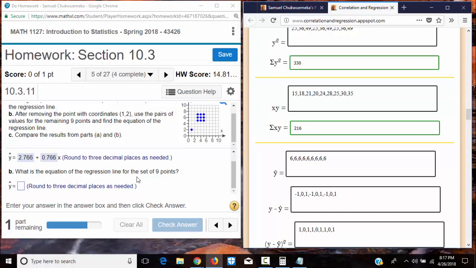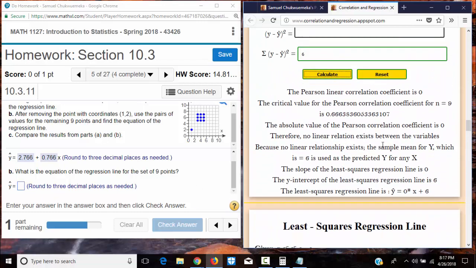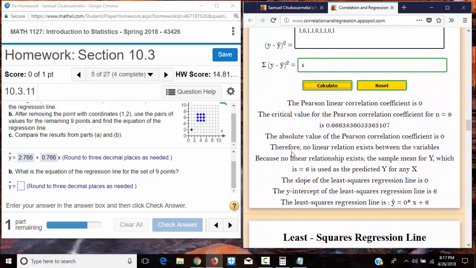What would be the equation of the regression line, rounded to 3 decimal places? So if you read this here, it tells you that no linear relation exists between the variables. Only with the set of 9 points, you don't have any relation between the variables.